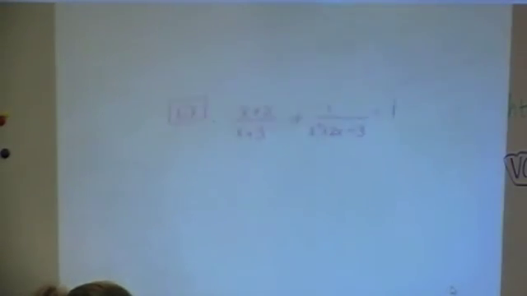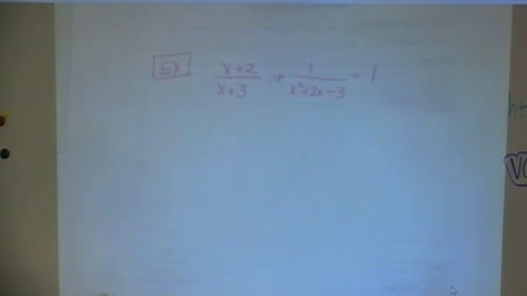This is just like what we were doing the other day, so it should be easy enough. Okay, so in order to solve this, we're going to have to find a common denominator, because when you add fractions, you have to have a common denominator.